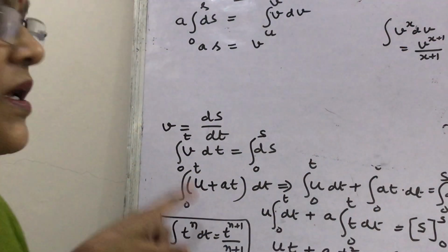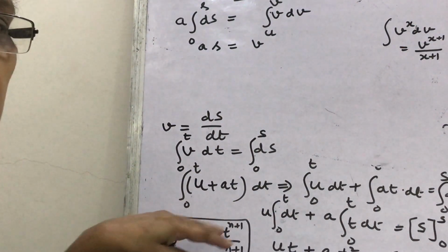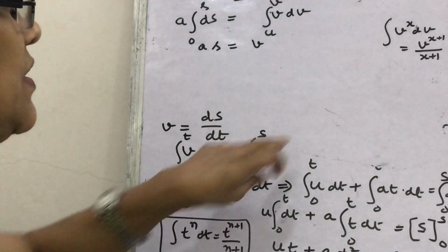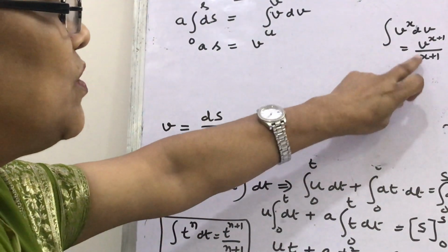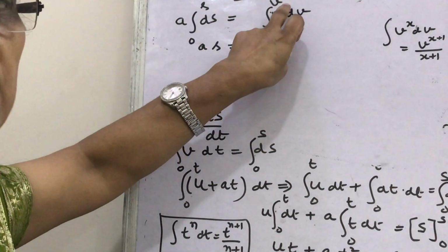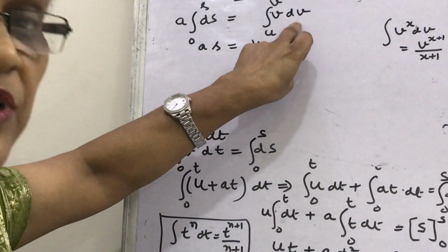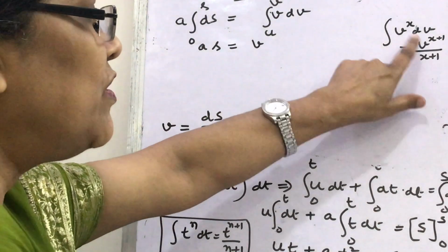Again the same formula as I told in the case of calculating time. This was for t dt, this is for v dv. So what is x here? 1, the power is 1. So what will become here? This v dv integration is v square by 2, since x plus 1 will be 2.